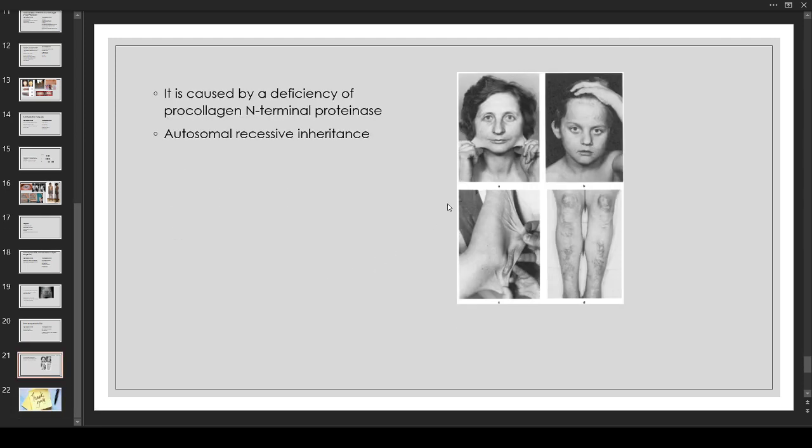With an example, it's going to be much clearer, as in the bruises caused on the pressure points, and bruises happening over the skin for any reason, and hyperextensibility. It is caused by procollagen N-terminal proteinase deficiency, not collagen itself, and it is autosomal recessive inheritance.